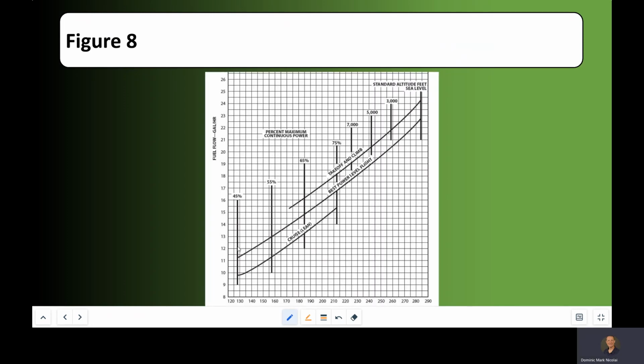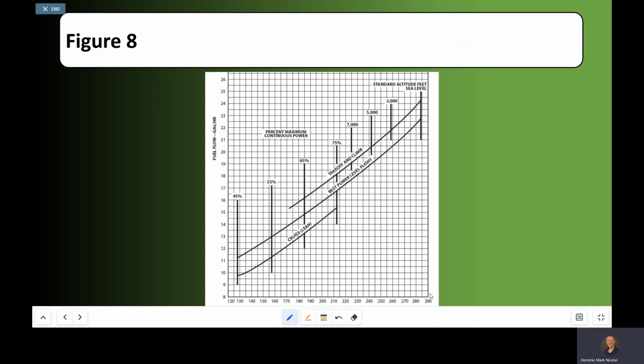All right, looking at another figure, figure 8. It is an interesting critter as it combines several different charts all in the same one: cruise as well as takeoff charts, or graphs rather.